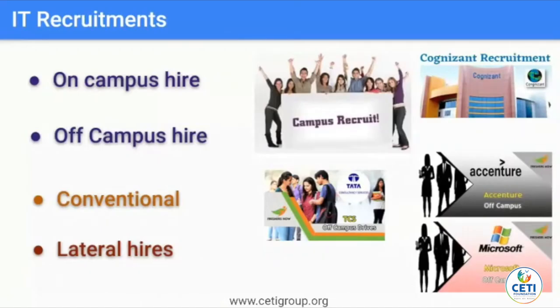Suppose you miss out on campus and off campus as well. No worries. Go and search for some other mid-sized or small-sized company and try to get into it, rather than waiting for some big opportunity to come in, because that way you won't have any career gap, right? Because career gap also matters. So that is one of the ways.